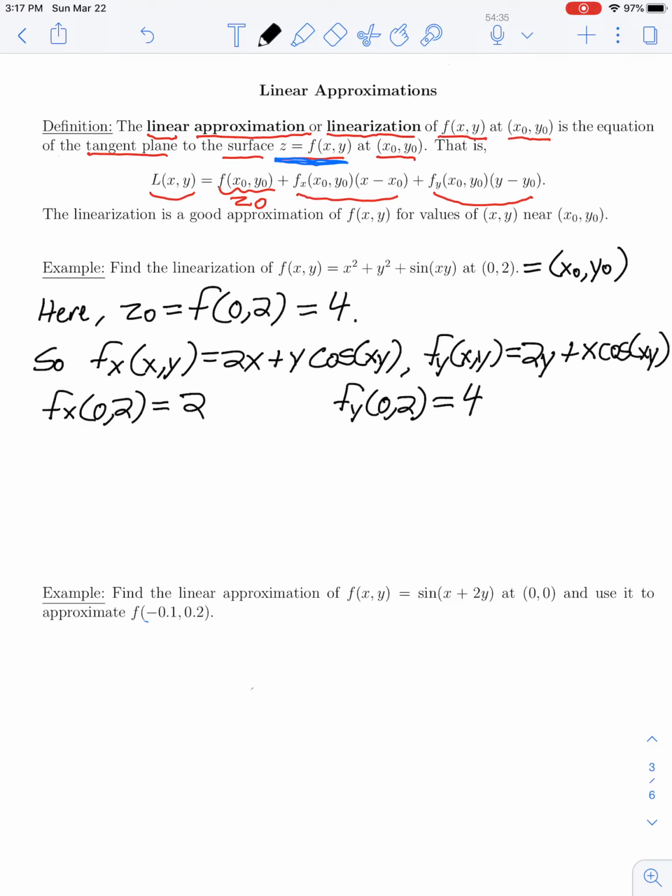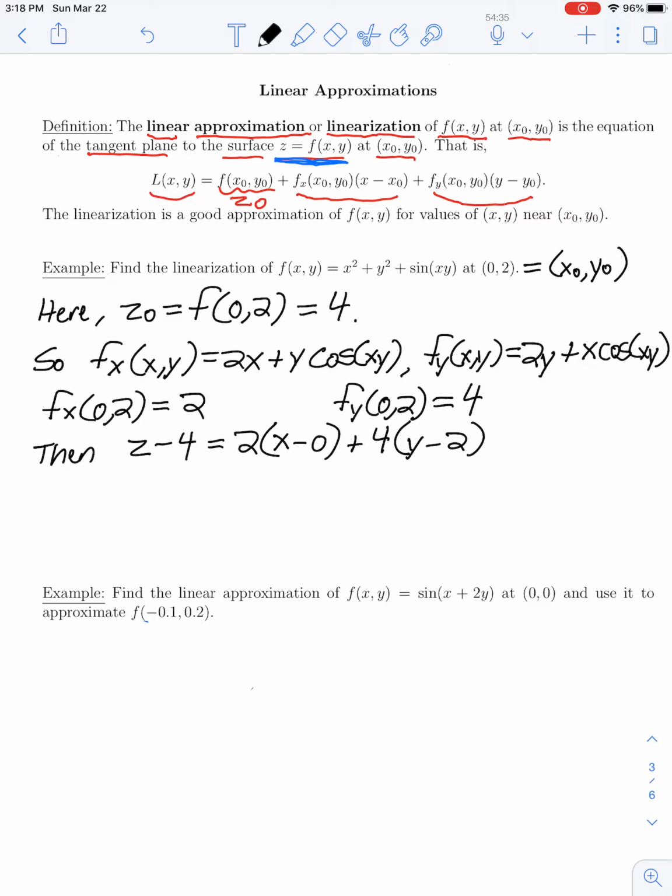So now to find our linearization, we're just going to find the equation of our tangent plane, the same as what we were doing previously. So here, the equation of our tangent plane would be z minus z naught, which is 4, equal to the partial derivative with respect to x, which we found as 2, times x minus x naught, which was 0, plus the partial derivative of f with respect to y, which we found to be 4, times y minus y naught, which was 2.